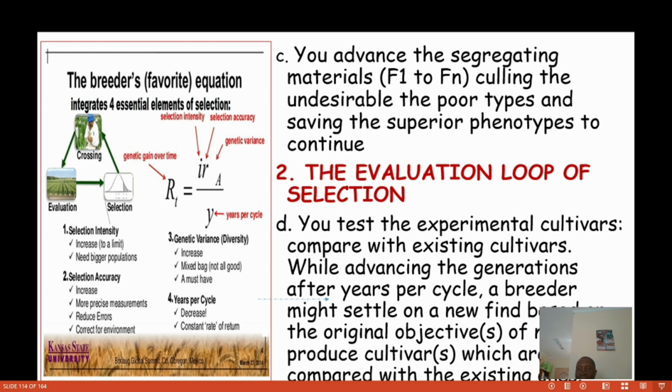Remember the duration per cycle, like I was saying. You have the materials that were growing in the field, the plants coming from F1 seed. Then they go and they cross, and after they cross, you get the F2 seed.